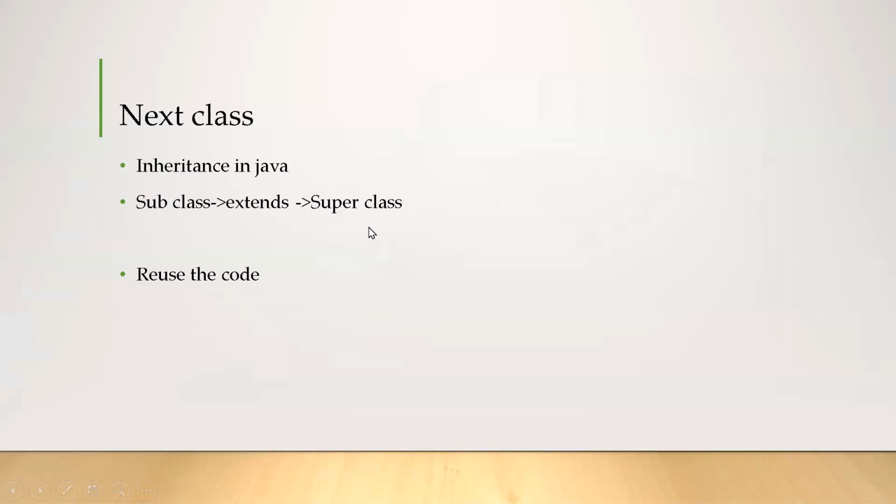All the qualities of the superclass will be there in the subclass along with the subclass properties. What are the advantages? One is the reusability of the code, and also the subclass can have its own properties. That is one of the good things about inheritance.